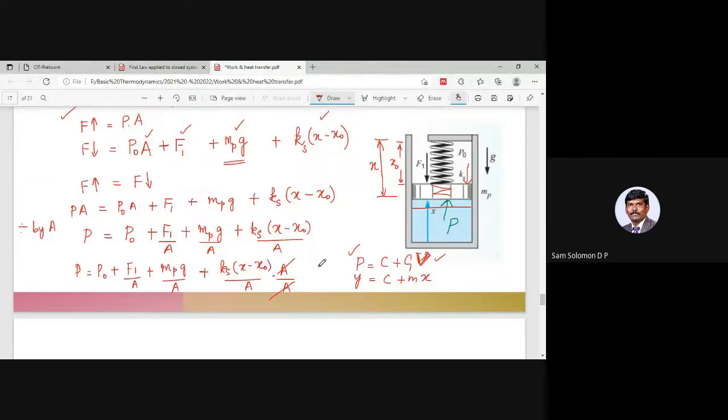Yes, sir. Okay. So now I simply multiply and divide by A for my convenience, to convert this displacement into volume. So now I can write this as P naught plus F1 by A plus mg by A plus Ks by A squared times x into A, distance into area is volume, minus initial distance into area is initial volume.